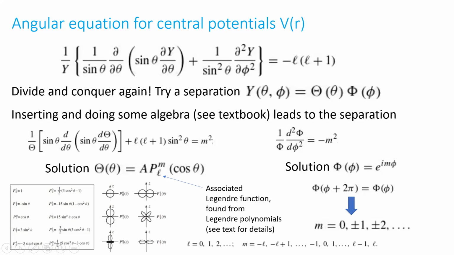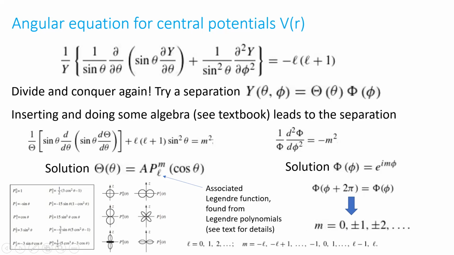So we have integers for l, and only non-negative integers, 0, 1, 2, etc. And then the way the Legendre function is taken from the Legendre polynomial to get P_l^m, for that formula to make sense, m has to run between minus l and l. So depending on the value of l, only certain integer values of m are possible.